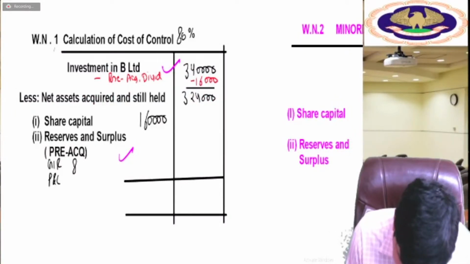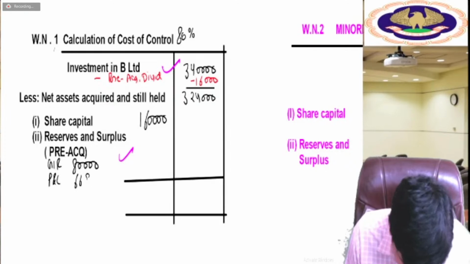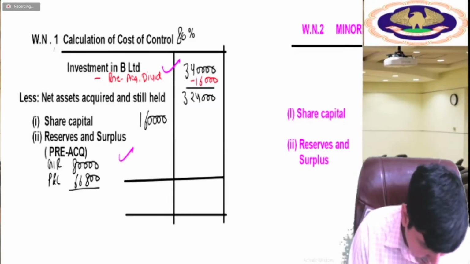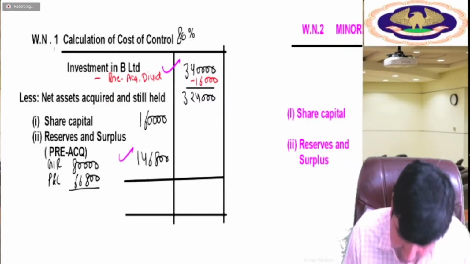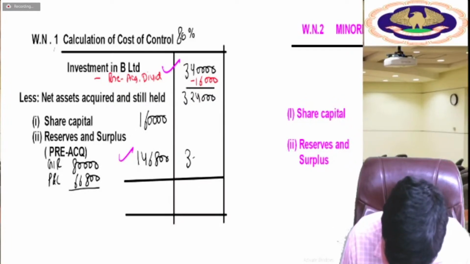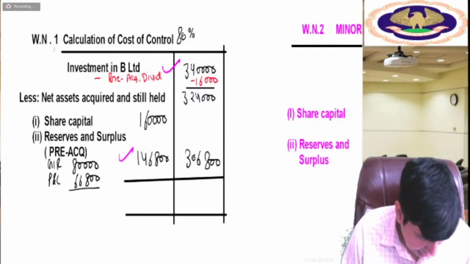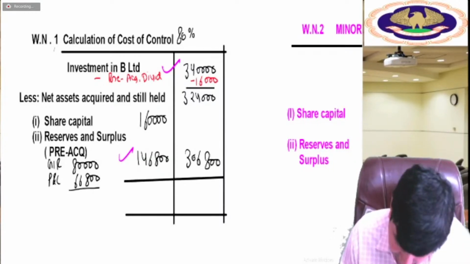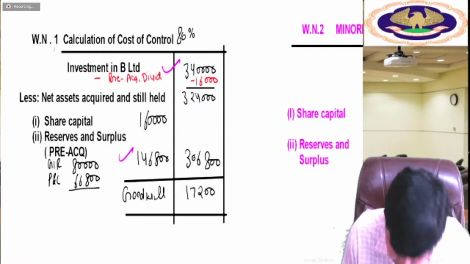General reserve is 80,000 and P&L is 66,800. So the total becomes 146,800, the total pre-acquisition profit that has to be added to the capital part, that is 306,800. Now the difference is there, that is 17,200, that is your goodwill. This is your goodwill.